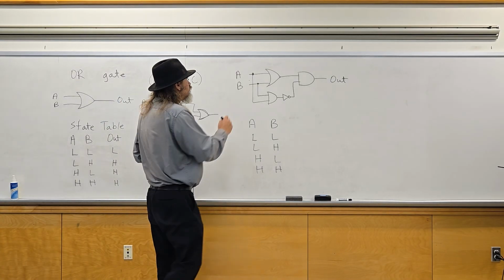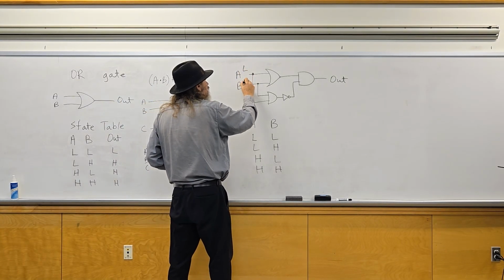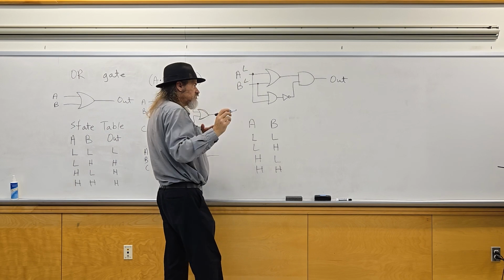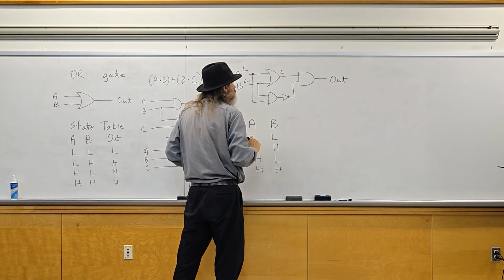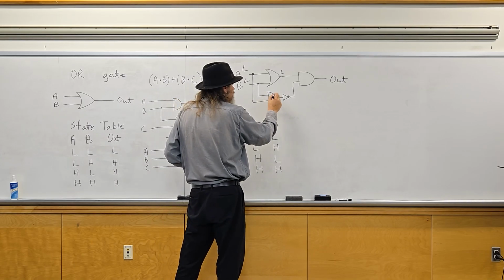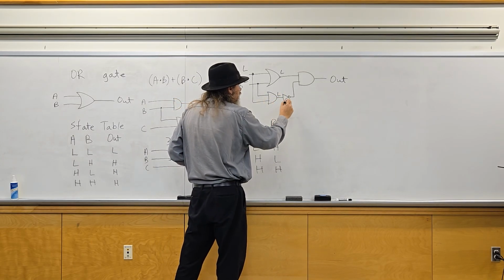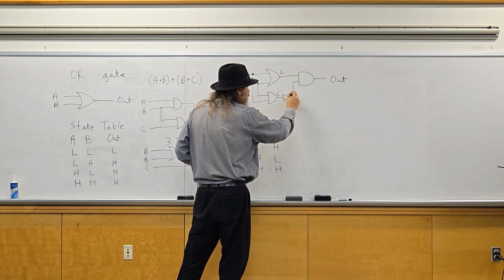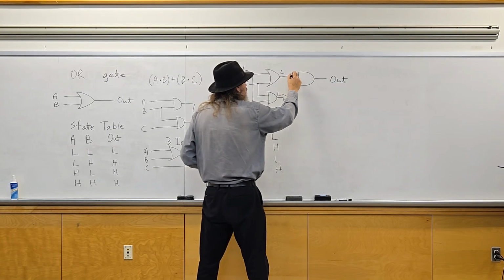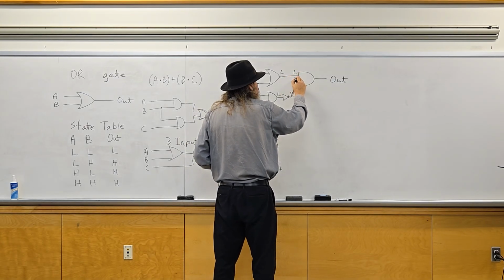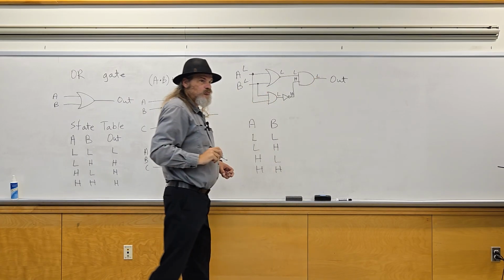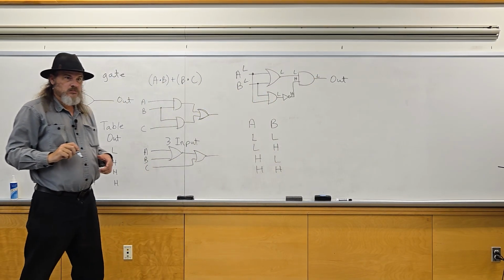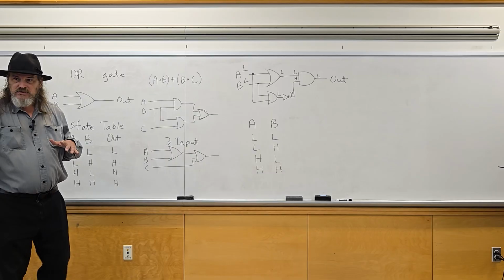So low and low, low, low. With the OR gate, that would be low. AND gate would be also low. After the inverter, that would be high. So that would be low and high on an AND gate, which would be low. Right? See how I got that?